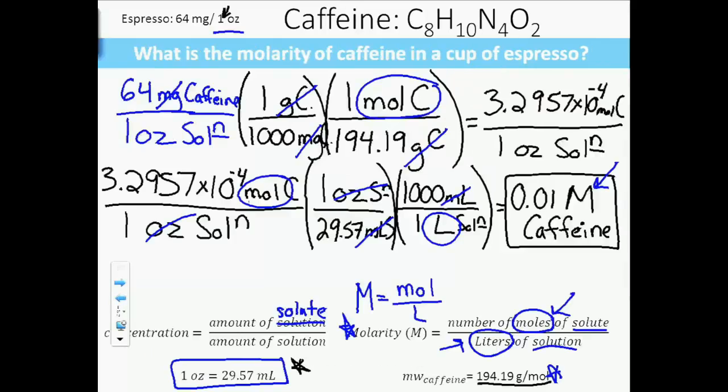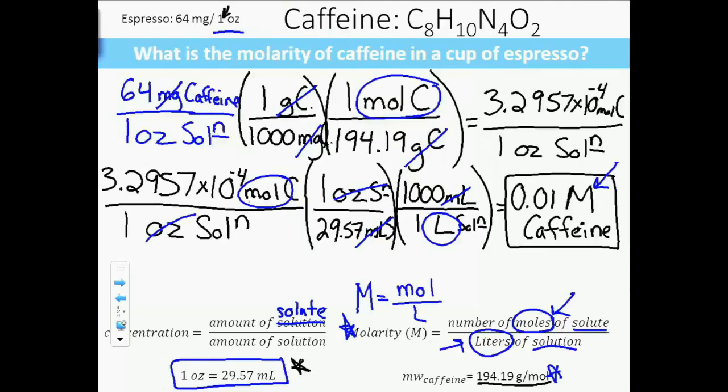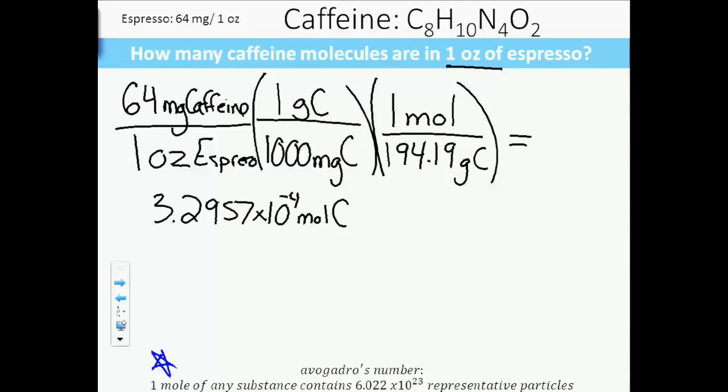So if we go back here, we got 3.2957 times 10 to the minus 4th moles of caffeine. I'm going to go back, just double check, make sure that's what it was. 3.2957 times 10 to the minus 4 moles of caffeine per 1 ounce of espresso.